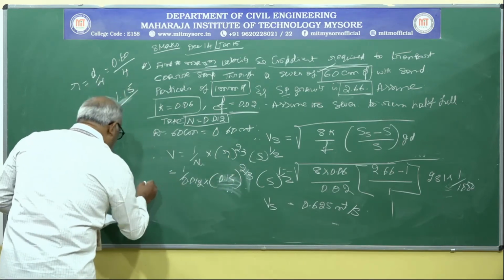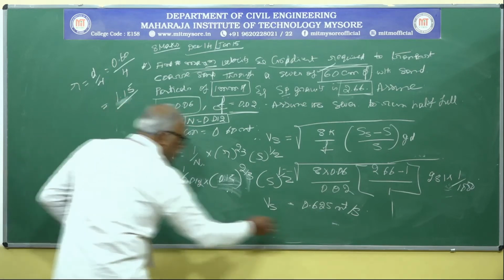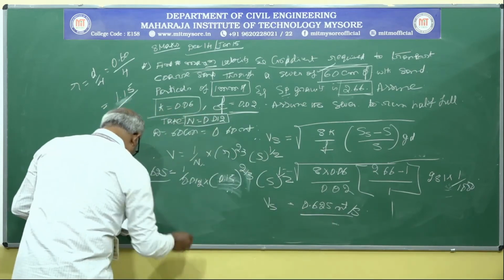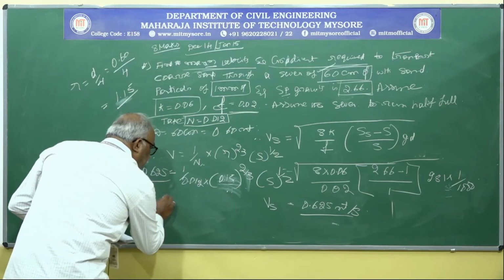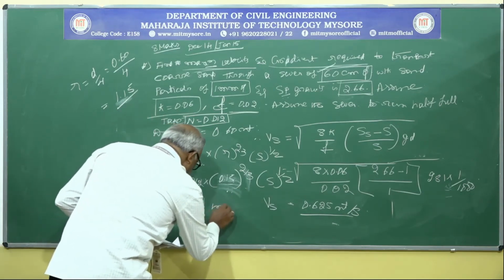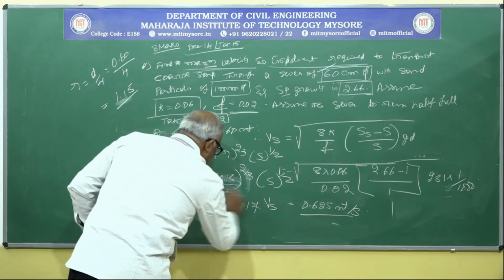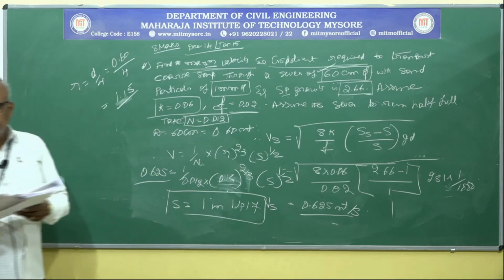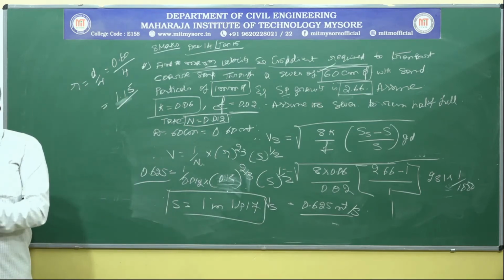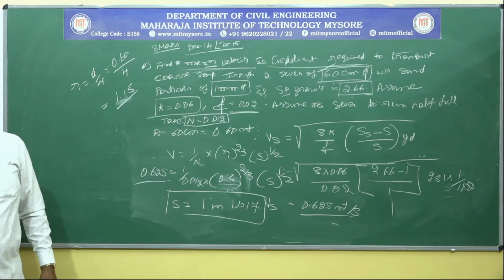We know the value of v also, because we already calculated it. By cross multiplying, the slope is 1 in 1417. It is a very easy problem, because you may expect it 2 to 3 times even in the previous examinations.